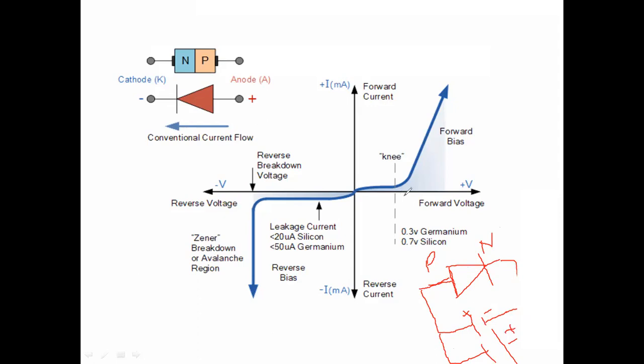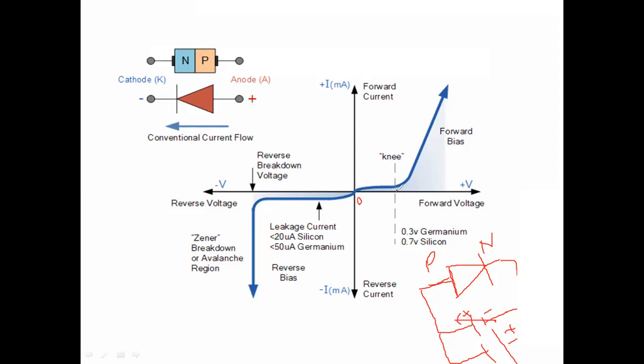For forward bias, this is the forward voltage. From 0 we increase the voltage in the positive direction, then it is forward voltage. We can increase the voltage with a variable voltage source, from 0 upward.